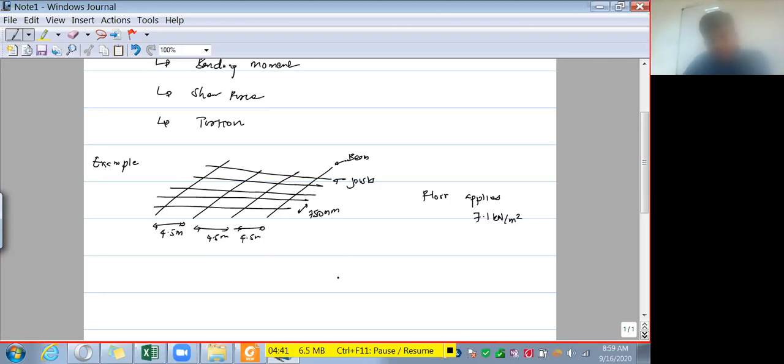If you look at the load transfer mechanism, you have a beam like this. Then you have a joist running perpendicular to that.